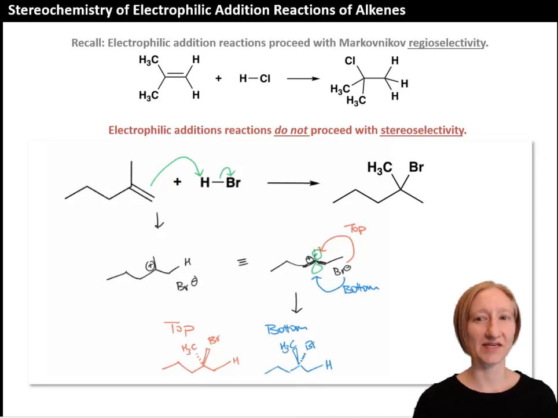And now in this case, because we only have one chiral carbon, the two products that we form are enantiomers.